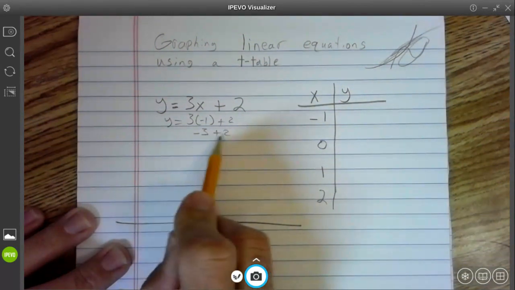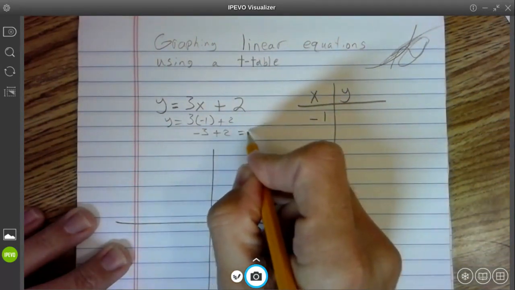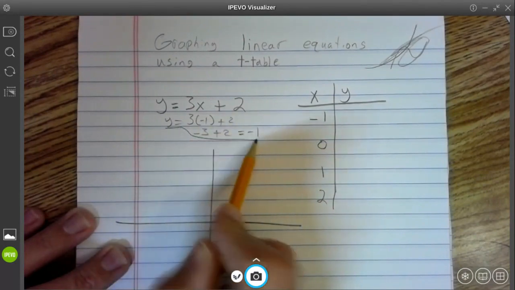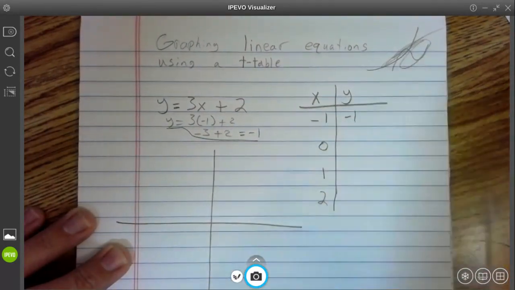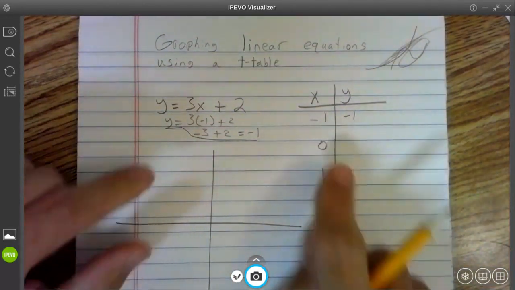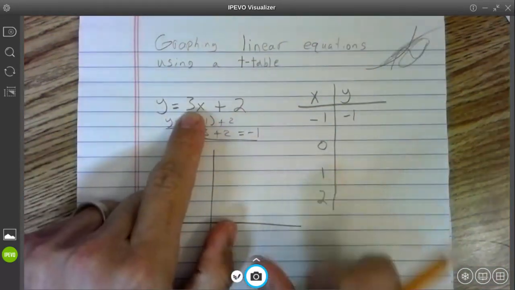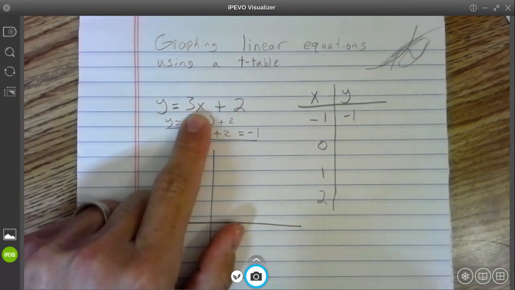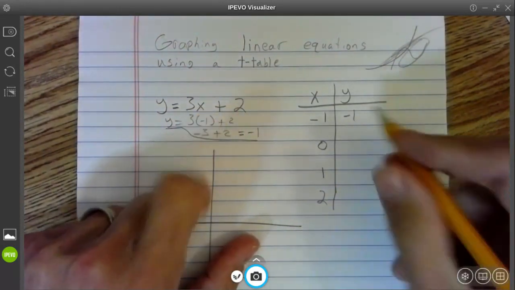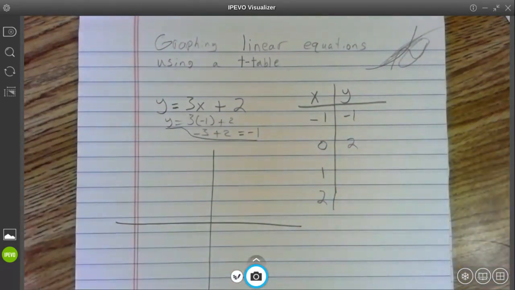And then -3 plus 2 is equal to -1. So we get y equals -1. All right, when you plug in -1 for x, you get -1 back. Let's plug in 0 for x. 3 times 0 is 0. 0 plus 2 is equal to 2. So you get y equals 2.